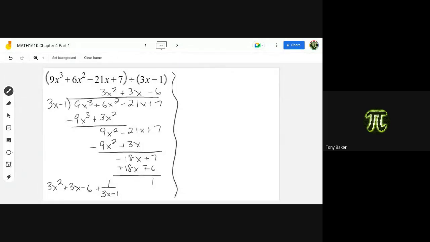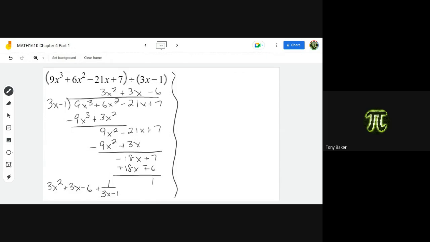Go back to this problem. Is 3x minus 1 a linear factor? Okay, let me ask this question differently. What is a linear factor? Yes, slope doesn't change.